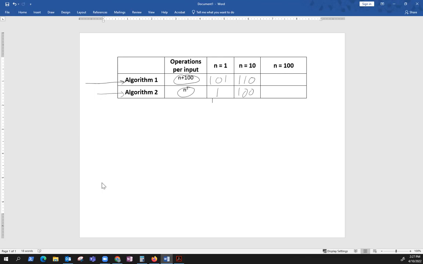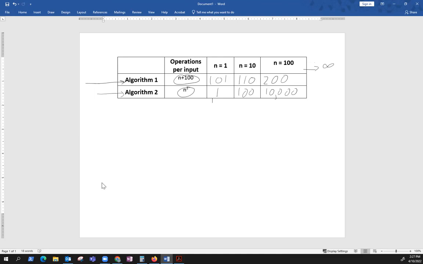What if we go up to n equals 100, go up another order of magnitude? Well, in this case, algorithm 1 will run in 200 operations, but algorithm 2 will take 10,000 operations to finish. And as n gets larger and larger, algorithm 1 will always run so much faster.